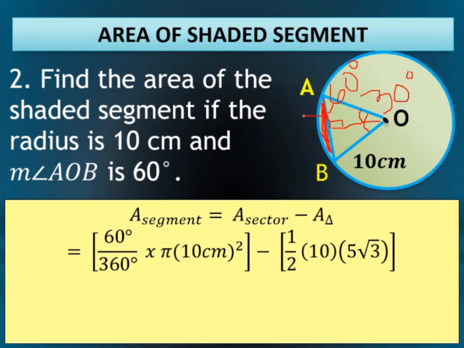So this one will be half of 10 centimeters, which is equal to 5 centimeters. Now for the longer leg, opposite the 60-degree angle, this one will be equal to the length of the shorter leg multiplied by the square root of 3. So that would be equal to 5 square root of 3.